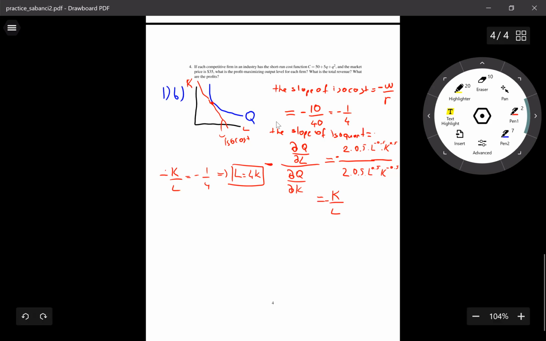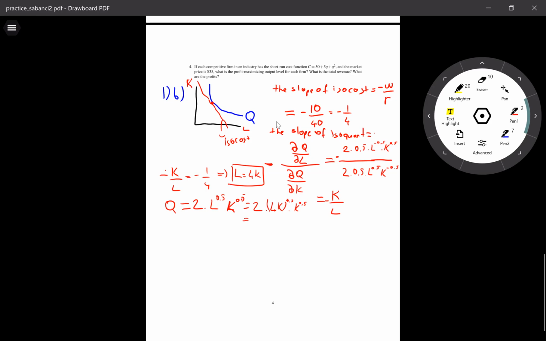Next, I need to plug in these values into the output level. The production function is 2 times L^0.5 times K^0.5. Instead of L, I will write 4K: 2 times (4K)^0.5 times K^0.5. The 4 will go out as 2, so it is 4 times K^0.5 times K^0.5, which will be 4K.